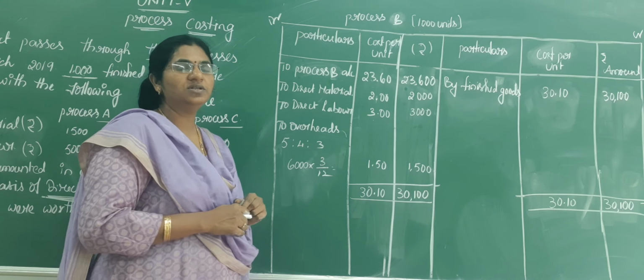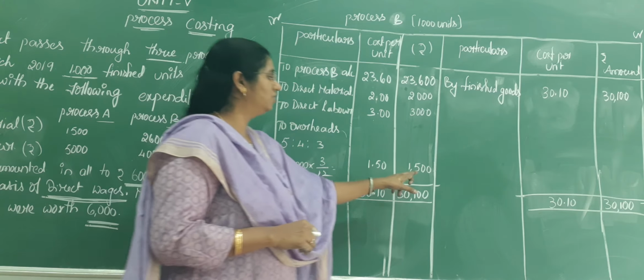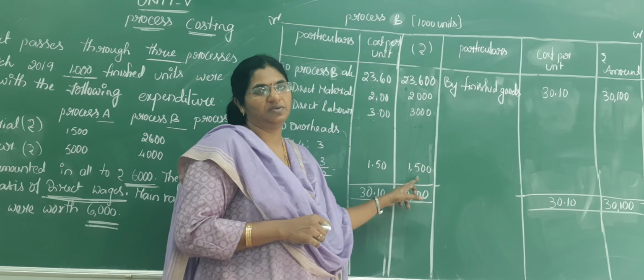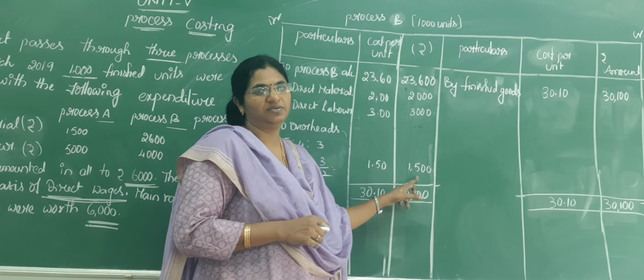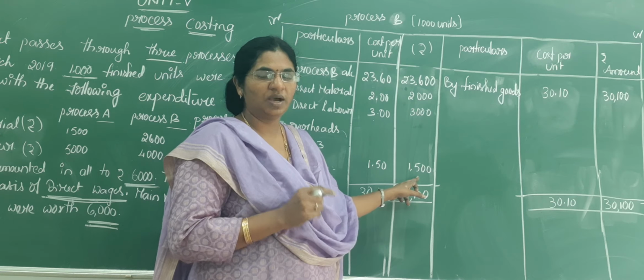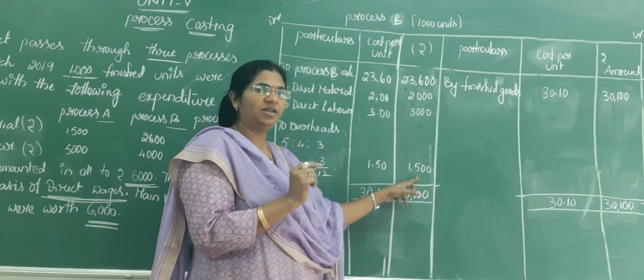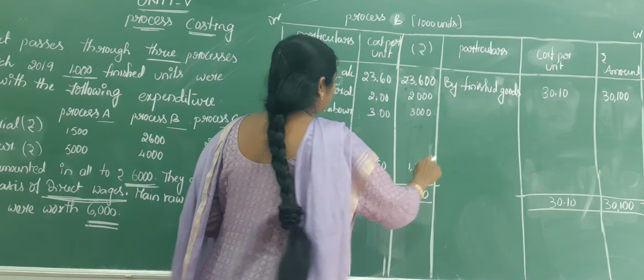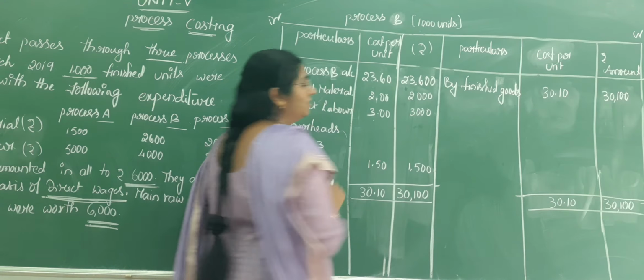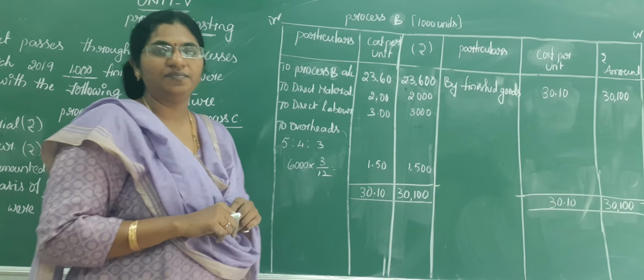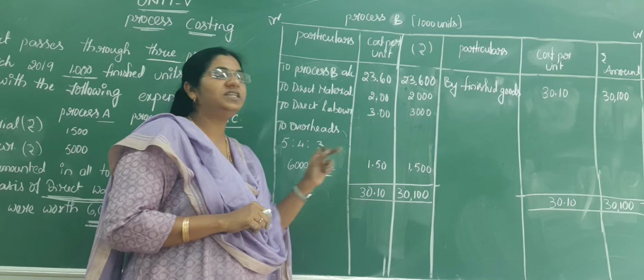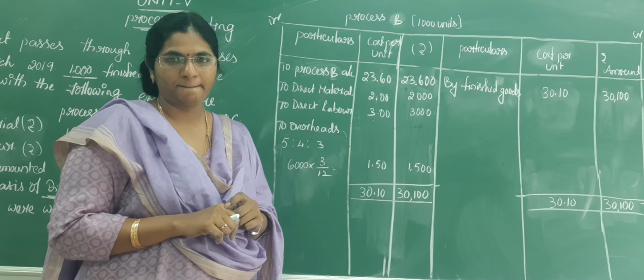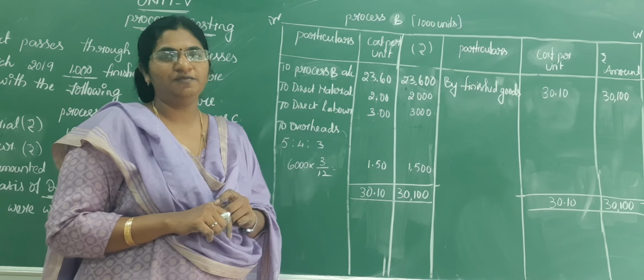So 6000 into 3 by 12 is equal to 1500. This 1500 is for 1000 units and we need to calculate per unit cost. So 1500 divided by 1000, it is 1 rupee 50 paisa.